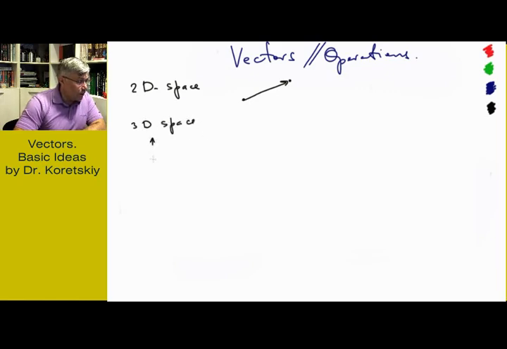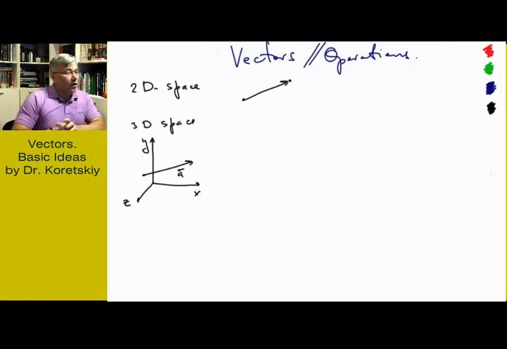In 3D space, we have the x, y, z coordinate system, and we know that this vector is located in the x, y, z coordinate system, and here we have some vector a, maybe, which is located in our 3D space.